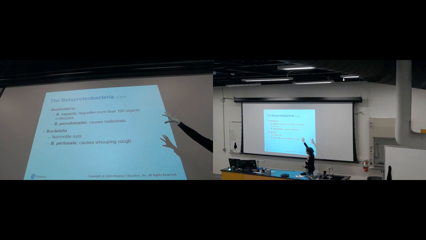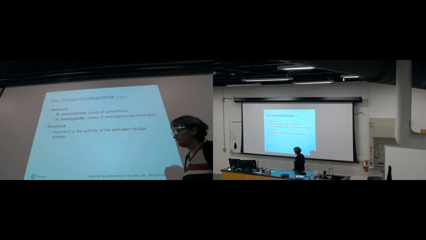Sometimes these ones can be resistant to different antibiotics. And then we have Bordetella, that is a rod and it's non-motile. We have an important species, pertussis, that causes whooping cough. We have vaccination against this bacteria.